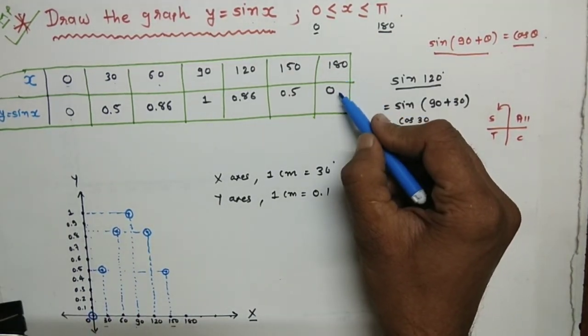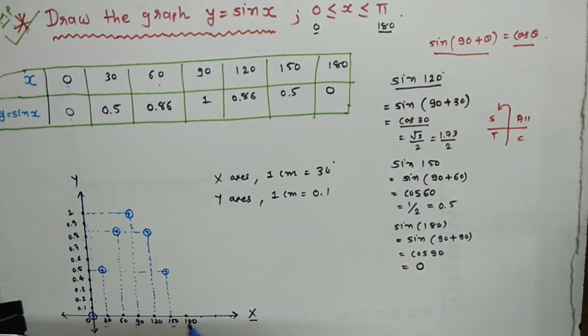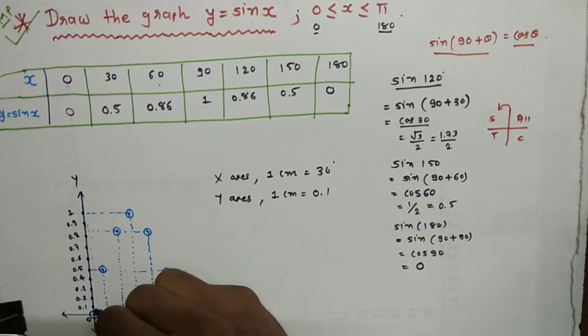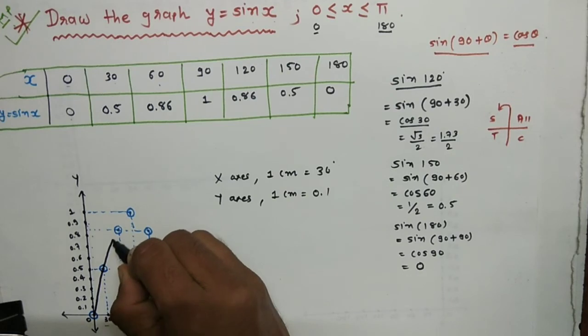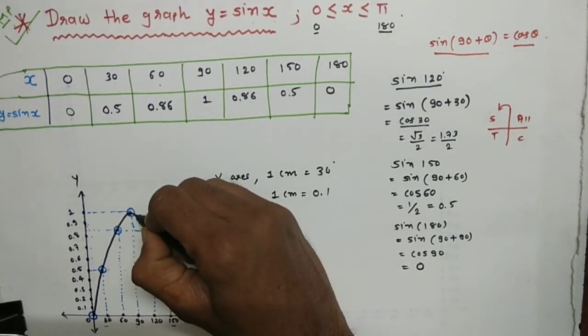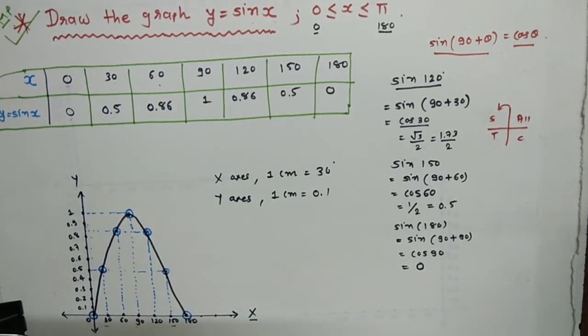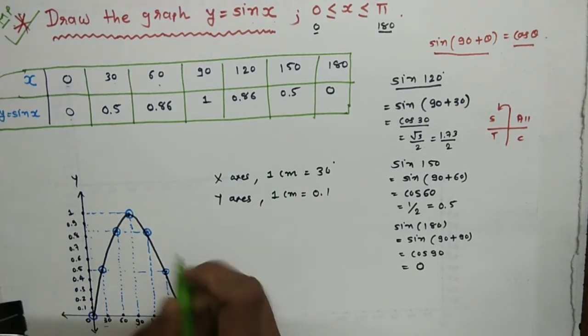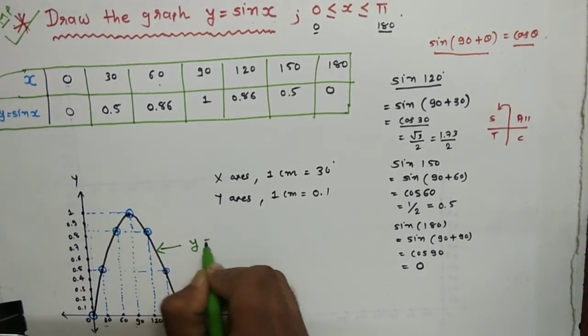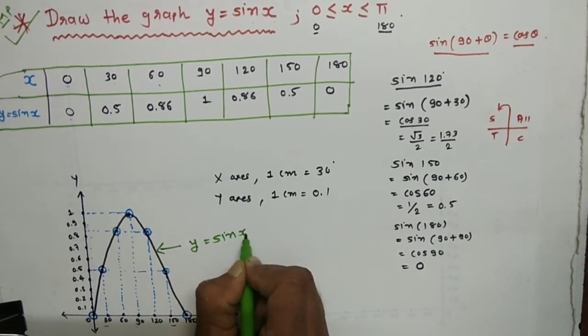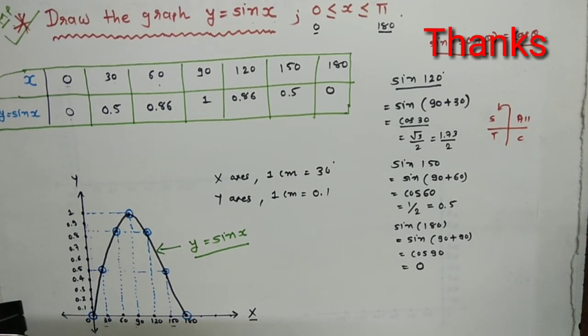And when x is equal to 180, then y is equal to 0. Now we join all these points step by step. Then that is the graph of the trigonometric function y is equal to sin x, which is very important for GTU's exam.